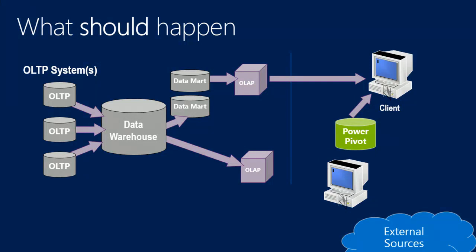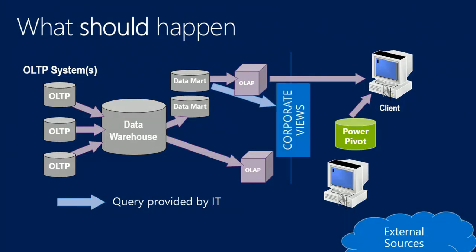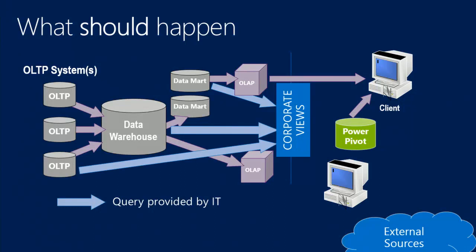What should happen if we do something well? Well, the IT department tries not to be the evil, but to be a friend. A friend offers help. Help means I give you a view of the data. I provide you access to the data through my door, my view over the data mart, over the data warehouse, over the OLTP.